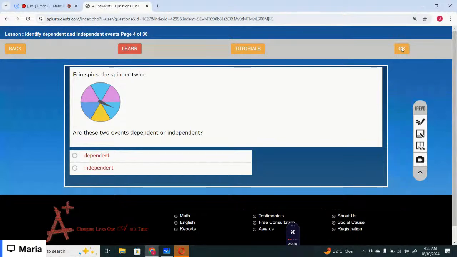Spinners are always independent, right? So the correct option is independent events.